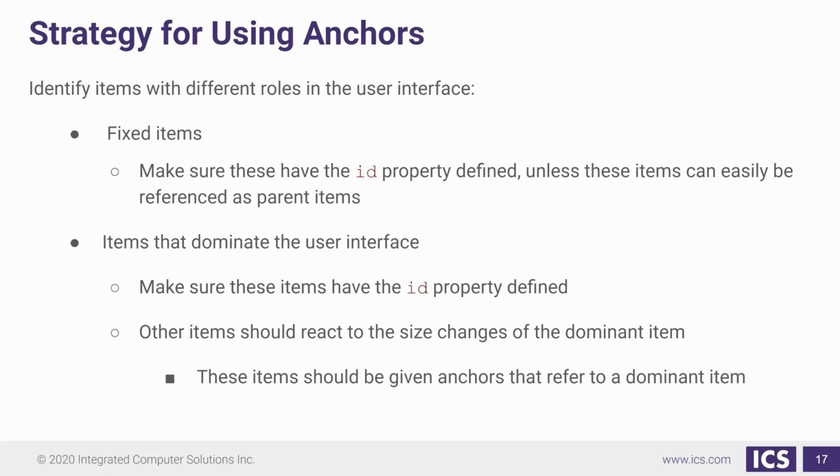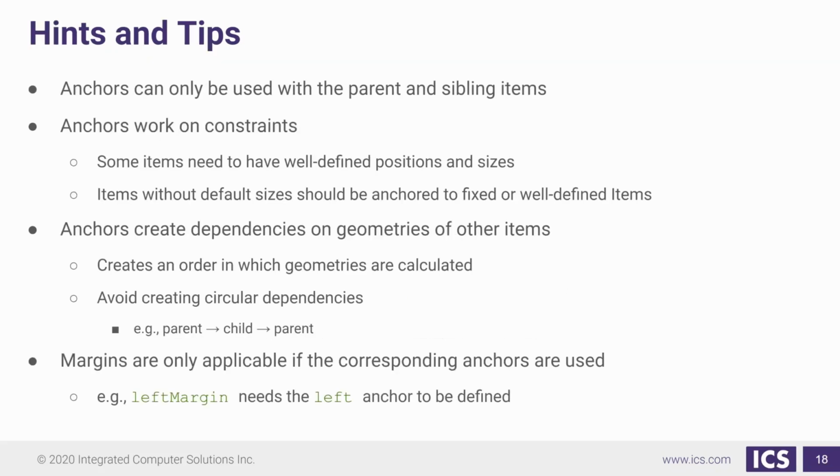And of course, you can use the parent keyword to reference them. Now, it's important to remember that our anchors can only be used with parents or siblings, and something is going to need a well-defined position and size. Anything that doesn't should be anchored to something that does.